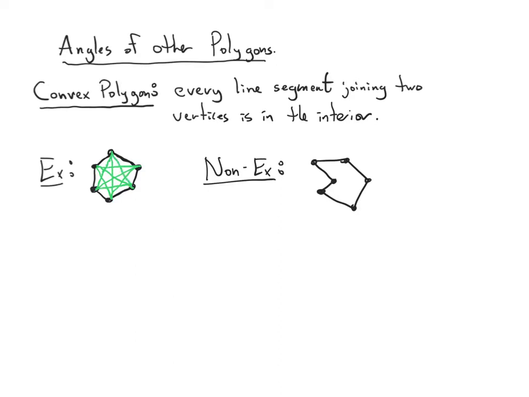But in this example here, we have this little nook you can think of. And this is a non-convex polygon because here is one line segment that's joining two vertices that is outside my polygon. So it's not in the interior. So this is non-convex.